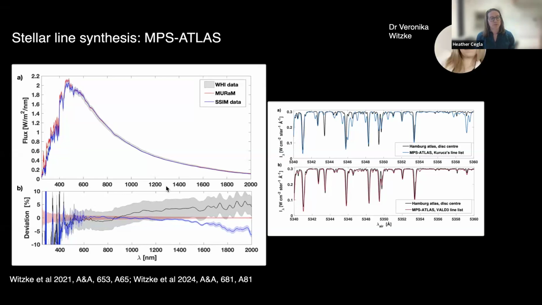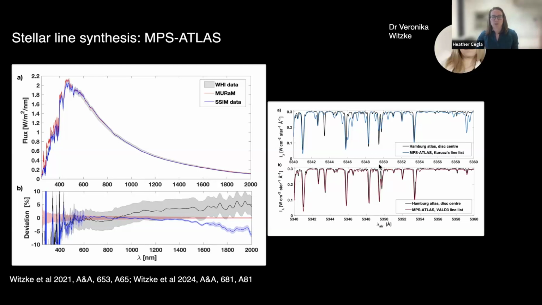We were previously using a line synthesis code called Nicole. When we use Nicole, we're doing one line at a time. But with MPS Atlas, we could choose to do an entire spectrograph that maps to an EPRV instrument. And although this goes up to 2,000 nanometers, we can actually go up to 10,000. So it can really do quite broad wavelength coverage.